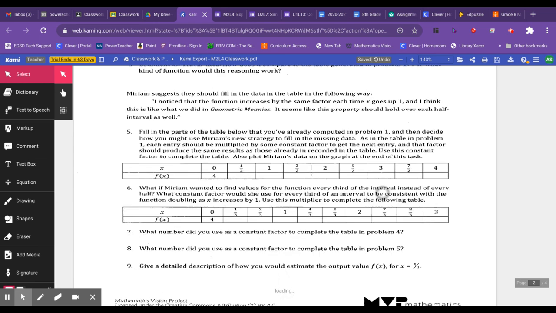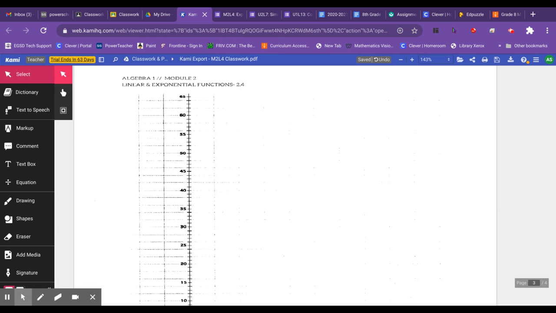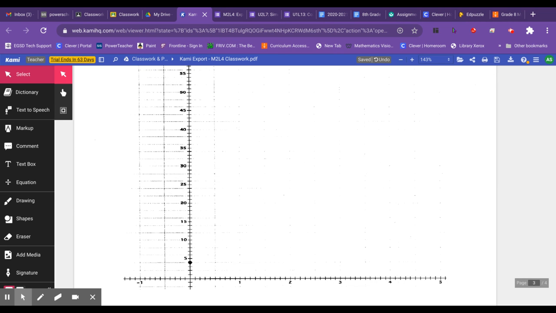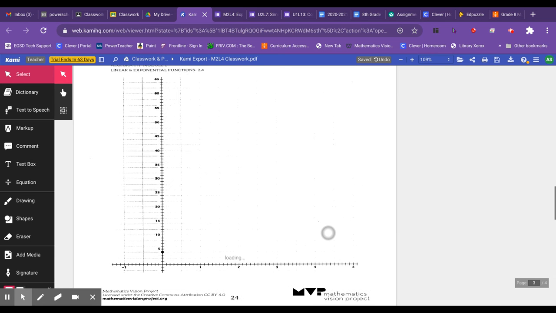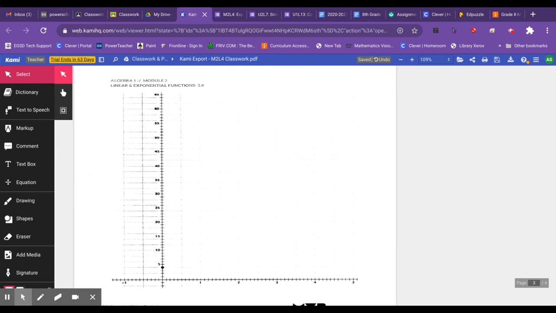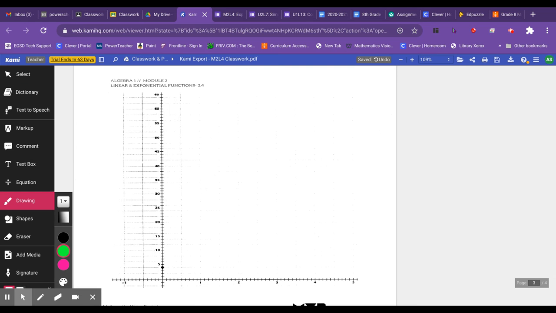So I'm going to scroll down to the last page here, and my graph is kind of rough since it's a copy. But anyway, drawing in the green, since I did those in green, it said 0 was 4, 1 was 8, so that's going to be about right here.